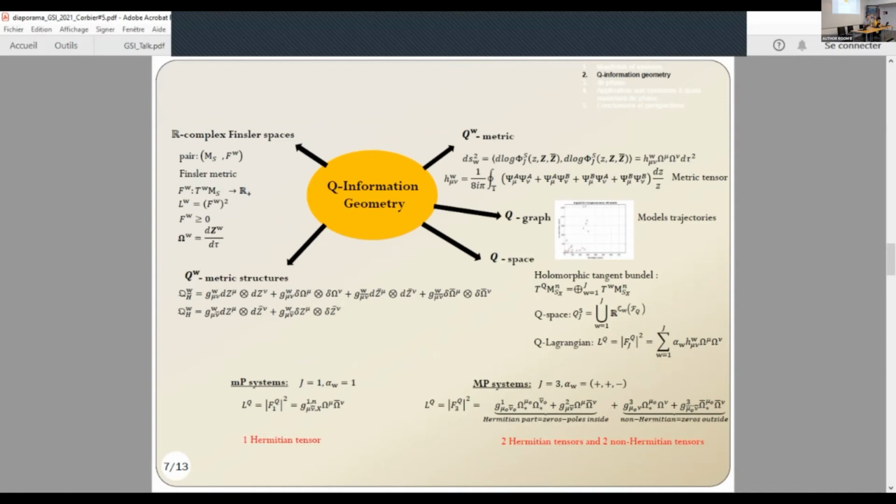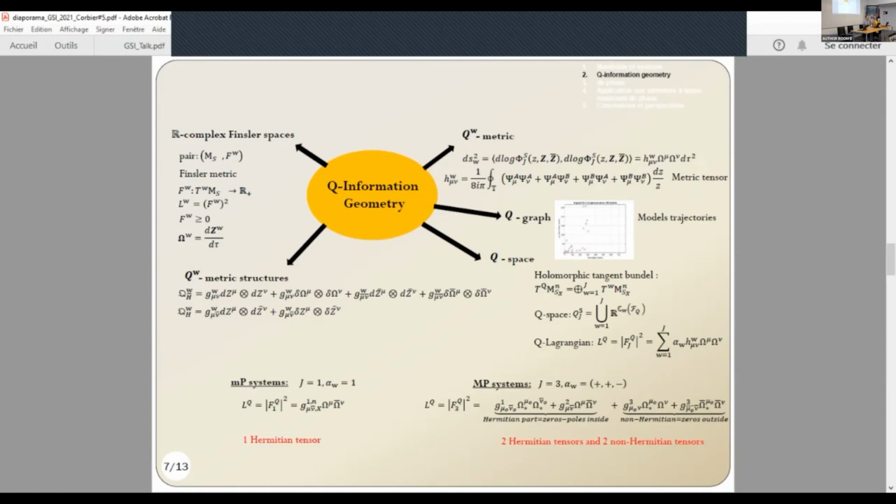After, we define a Q matrix structure mixing Hermitian part and non-Hermitian part, and the Q metric. This is the general expression of the metric tensor, including the psi function.